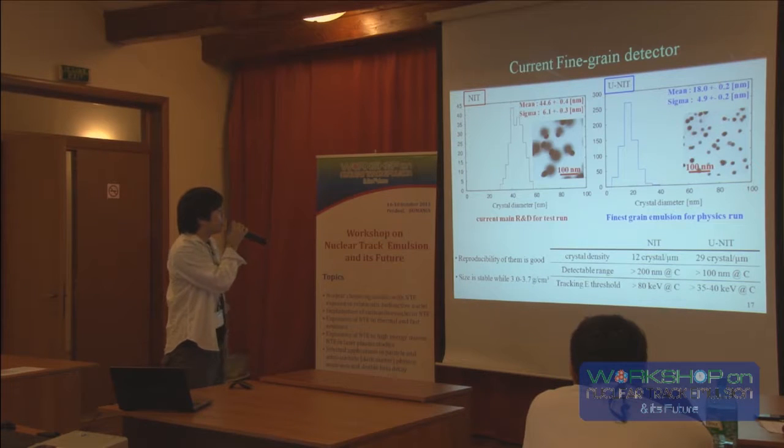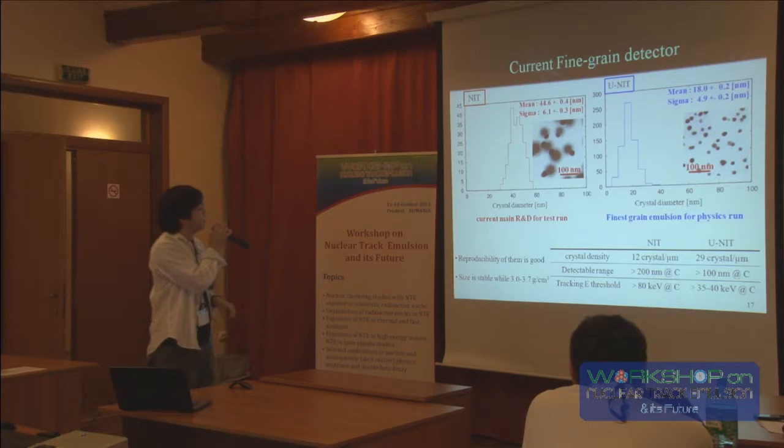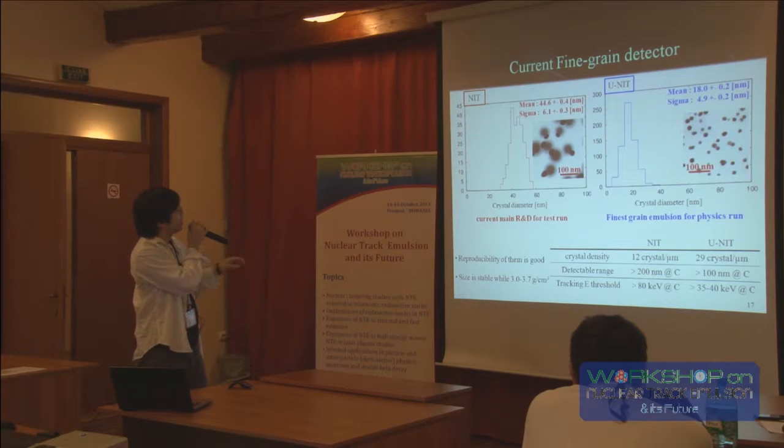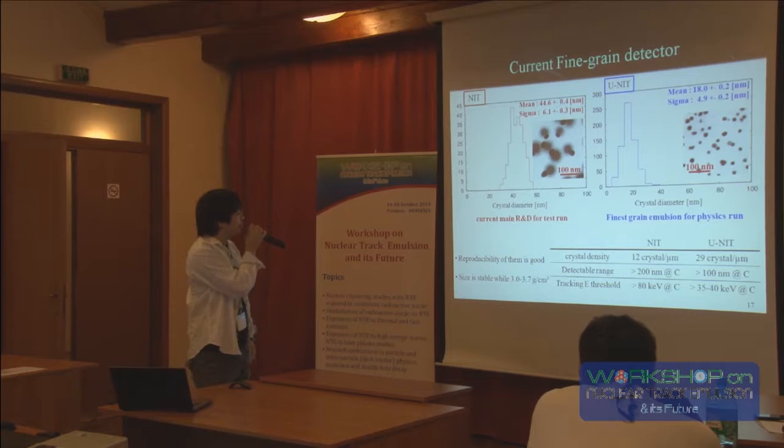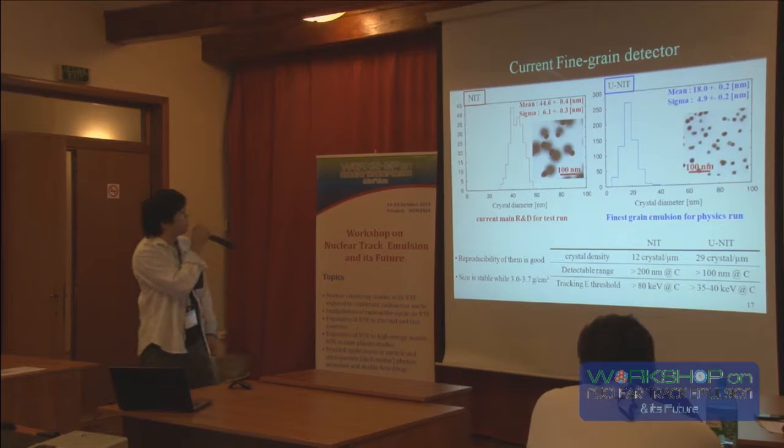The important thing is how crowded the crystals are. The left NIT type has 12 crystals per micrometer, and the Ultra NIT type has 13 crystals per micrometer. It means that they can detect 200 nanometer or less than 100 nanometer tracks.